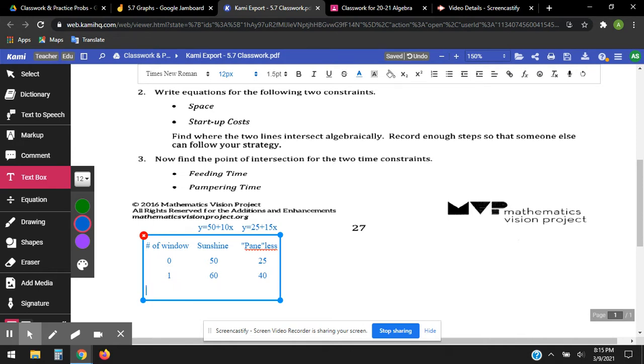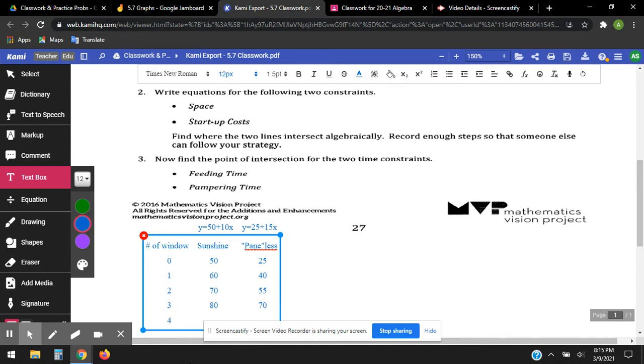So far Painless is good. If I do 2 windows, Sunshine is going to be 70, another $10. Painless will be another 15, so now I'm looking at $55. For 3 windows, it's another 10, and another 15, so now we're up to 70. Painless is starting to get a little closer.